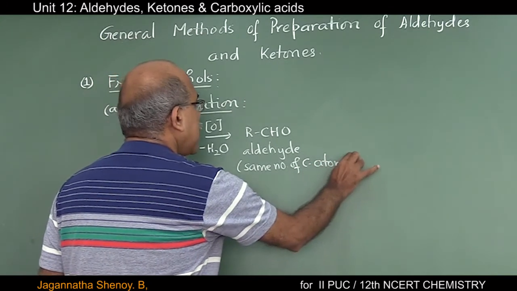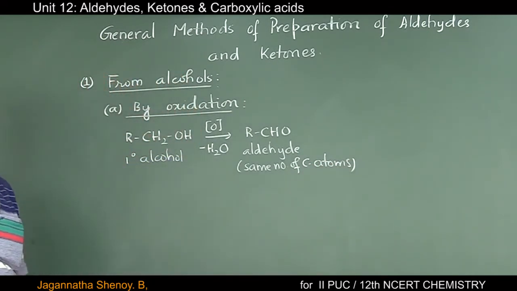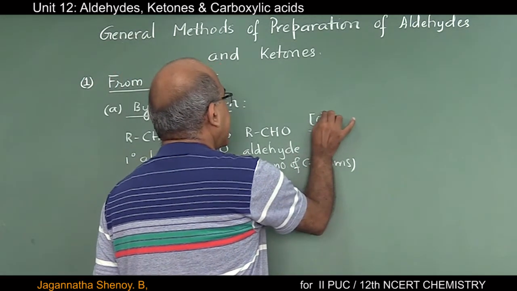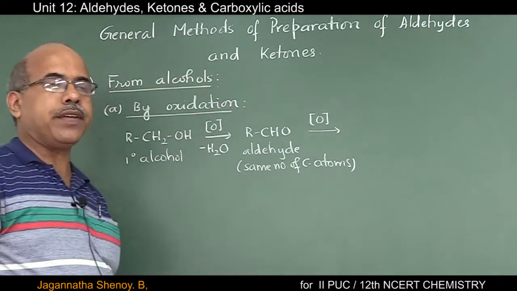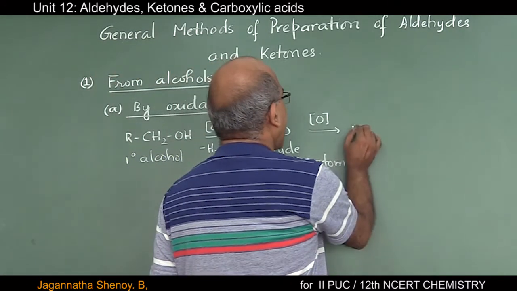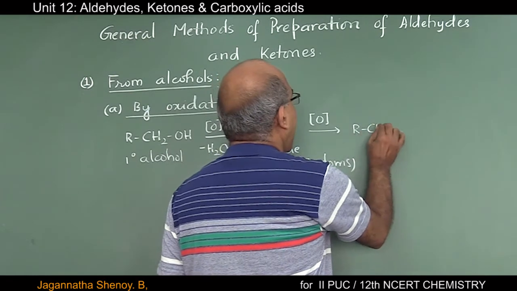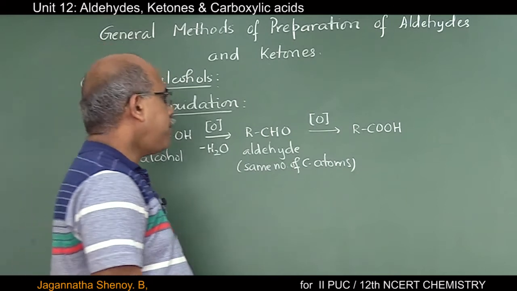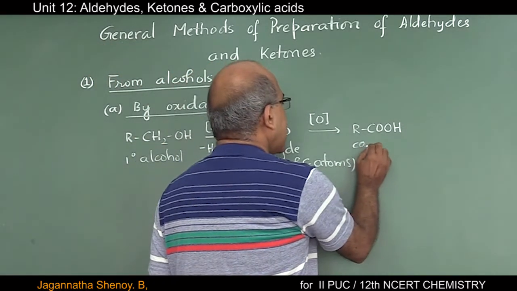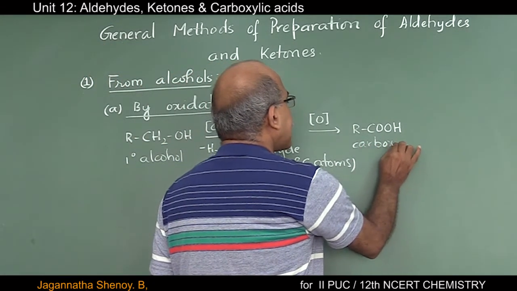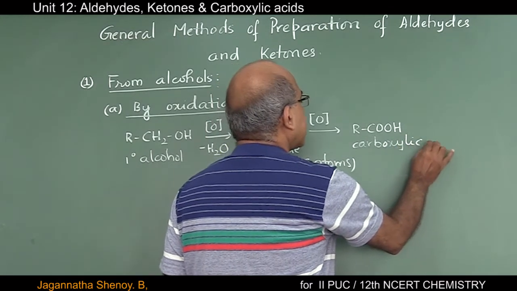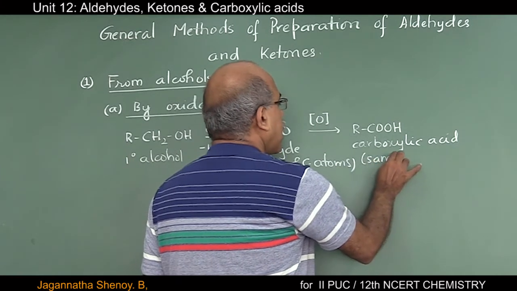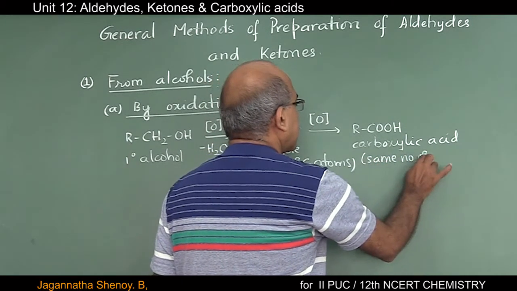Now, the oxidation reaction does not stop at this stage. It continues further because aldehydes undergo oxidation readily, forming the respective carboxylic acid. We get RCOOH. So, the final product obtained here is a carboxylic acid with the same number of carbon atoms.